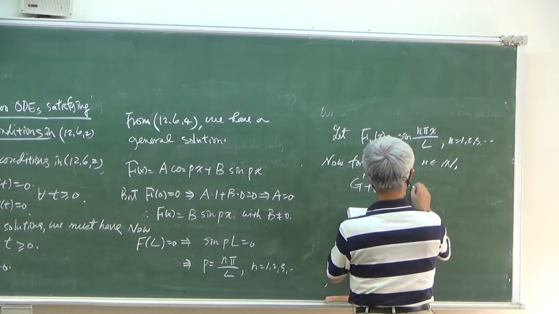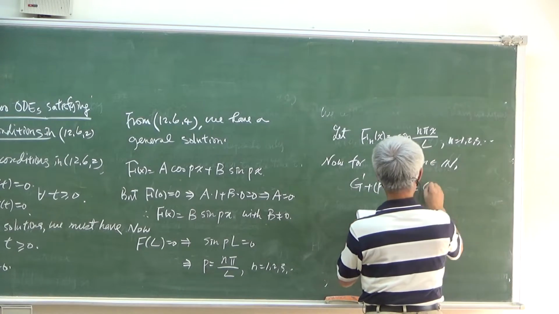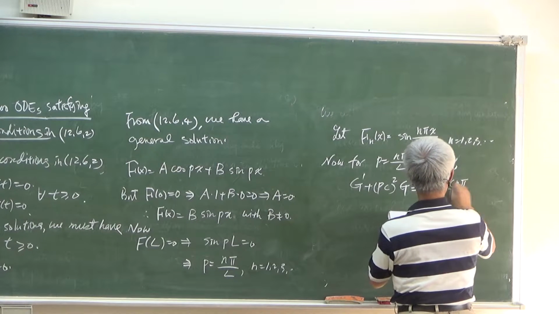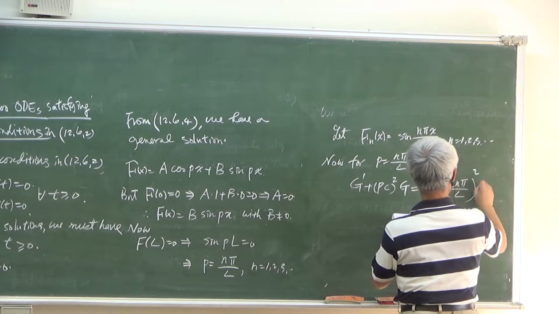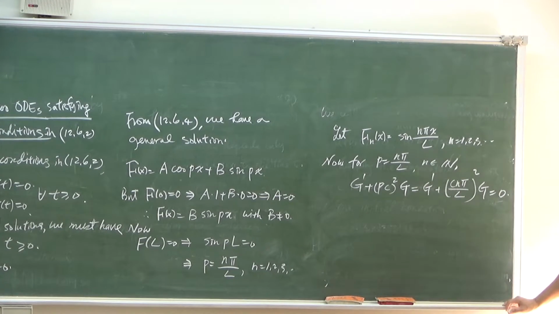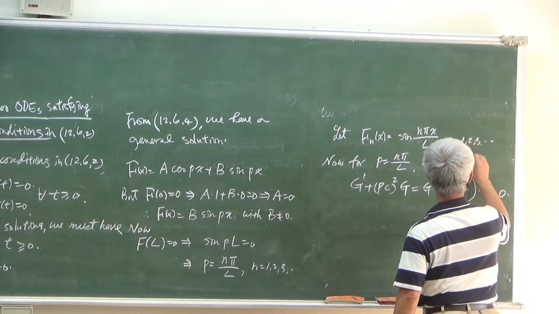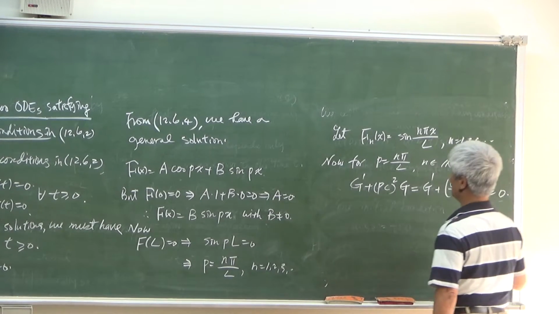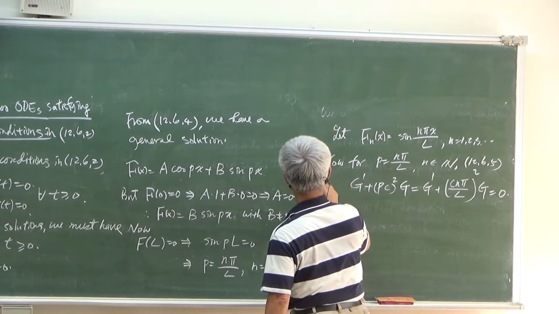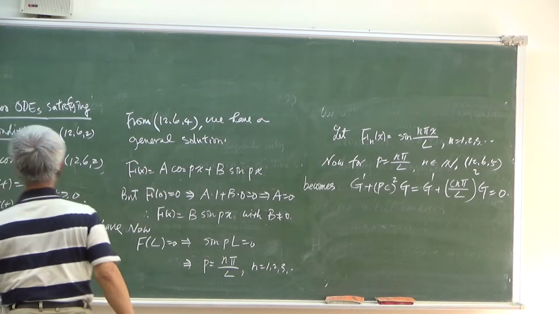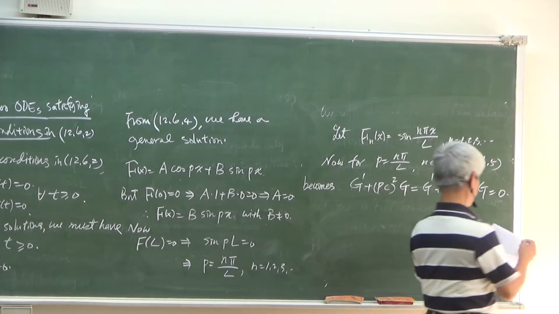Okay, so this is g prime plus c n pi over L squared g equals 0. 12.5 becomes, okay, so this equation becomes this one.